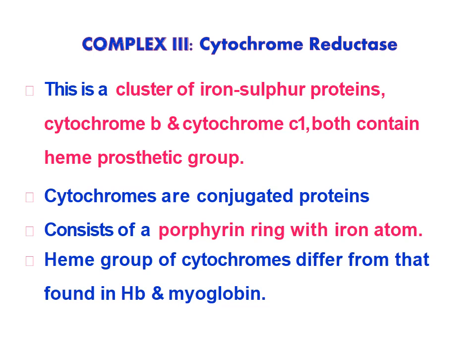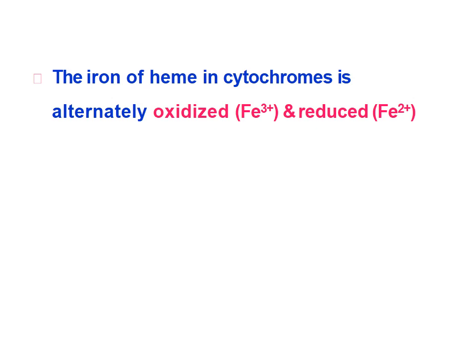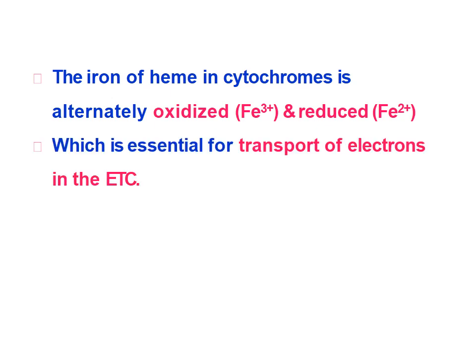The heme group of cytochrome differs from the heme of hemoglobin. The iron of heme in cytochromes is alternately oxidized and reduced, that is, it gets converted from Fe3+ to Fe2+ and Fe2+ to Fe3+, which is essential for the transport of electrons in the electron transport chain.